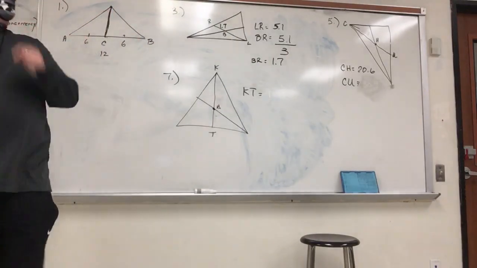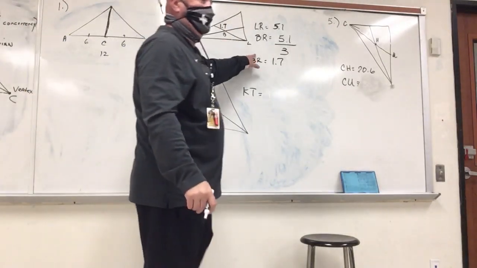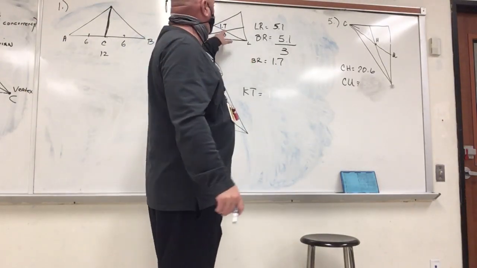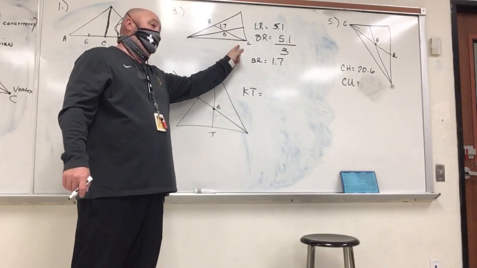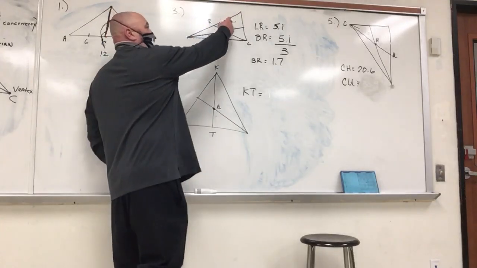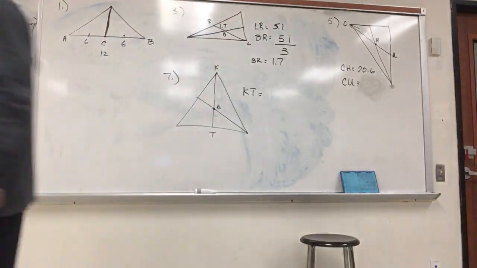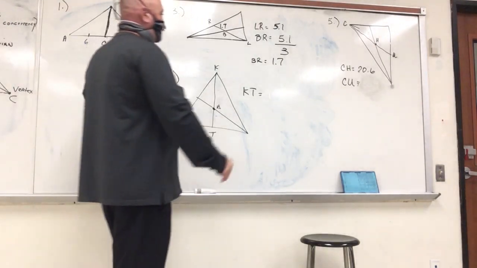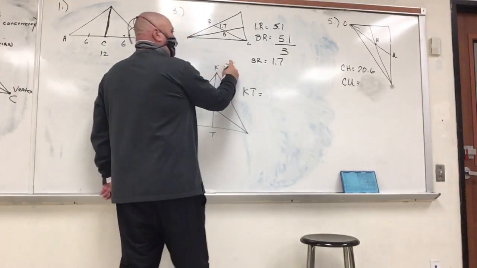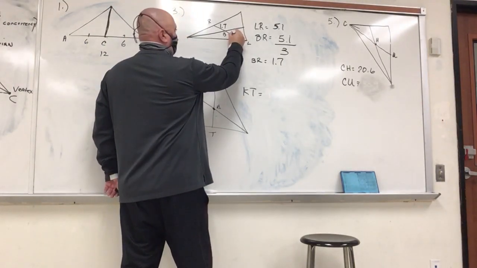Now, using that, we can find what BL is. What's BL? It's the long segment. Well, if I got the short segment and I'm trying to find the long segment, what do I need to do to the short segment in order to find the long segment? Multiply by 2. So everybody take 1.7, multiply it by 2, and tell me what you get. 3.4.